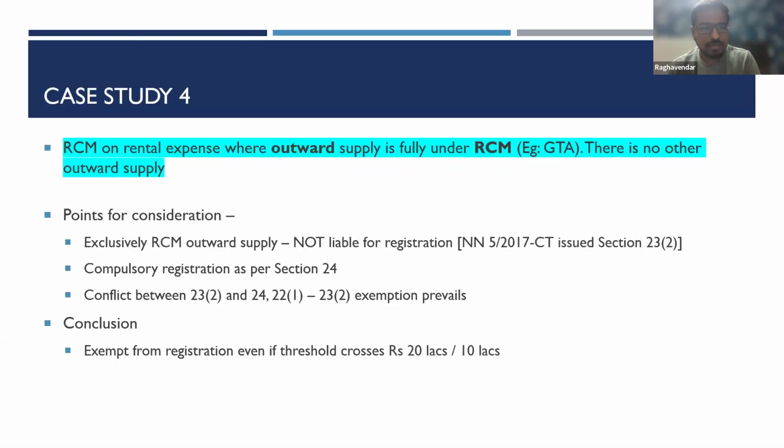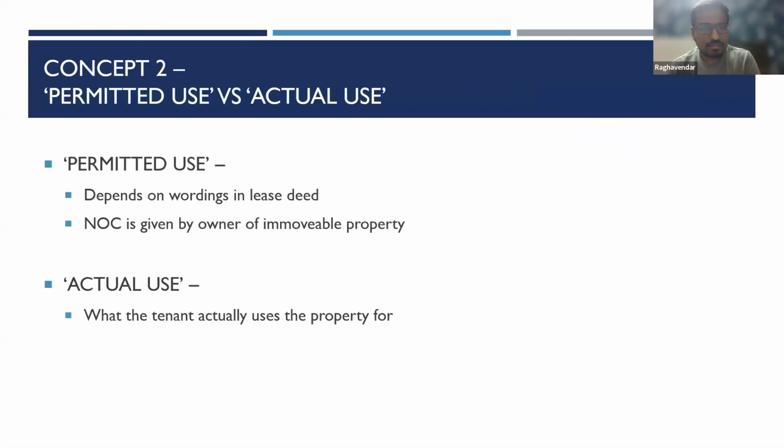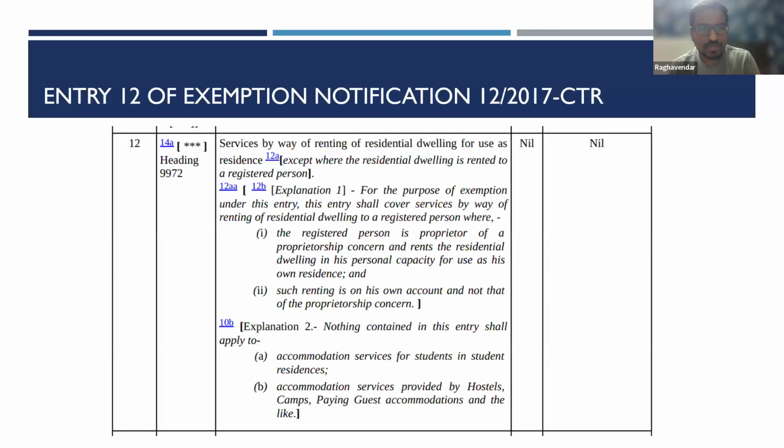Entry number 12 under 12/2017 uses the words for use as residence. So when it is given for stay, then yes, it will fall. But when it is given for the purpose of wedding receptions and other commercial purposes, I don't think it can fall within this entry.